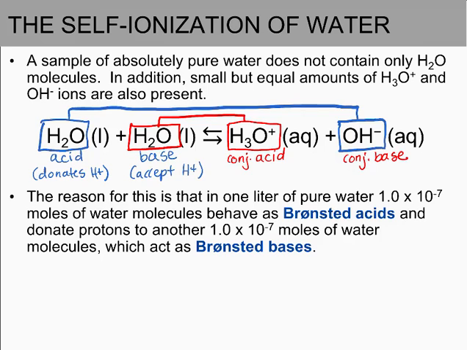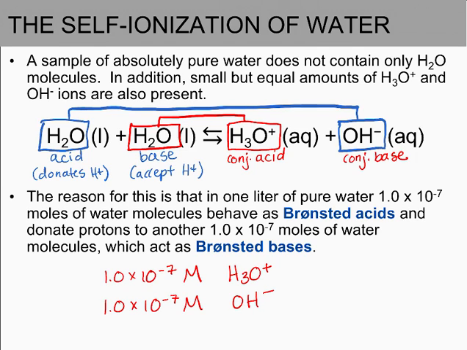So when water interacts with itself, we produce 1 times 10 to the negative 7th moles per liter of H3O plus, and we also produce 1 times 10 to the negative 7th moles per liter of OH minus.